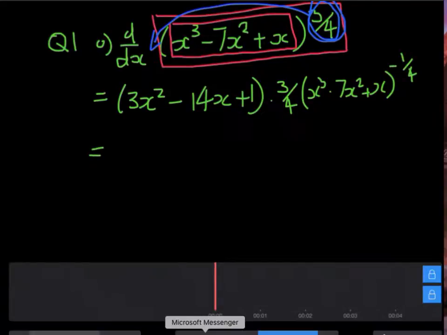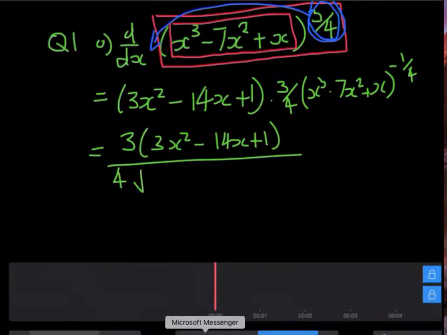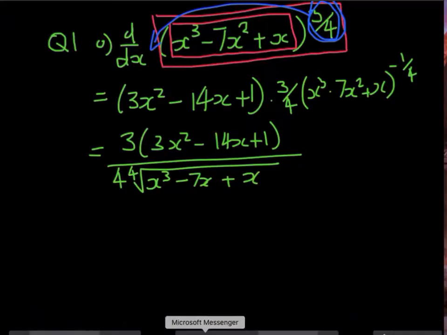That could finally be written in this form: 3 times (3x squared minus 14x plus 1) all over 4 times the fourth root of x cubed minus 7x squared plus x.